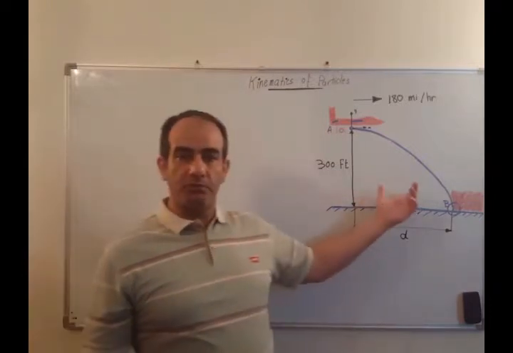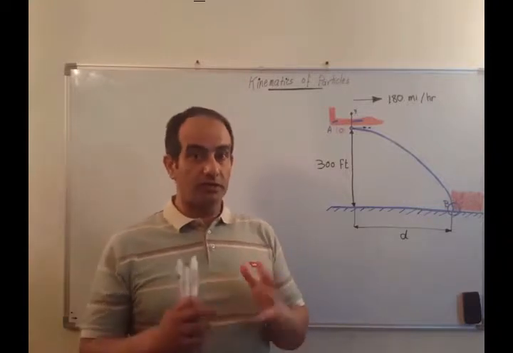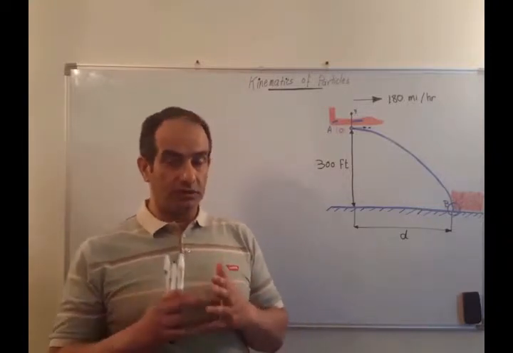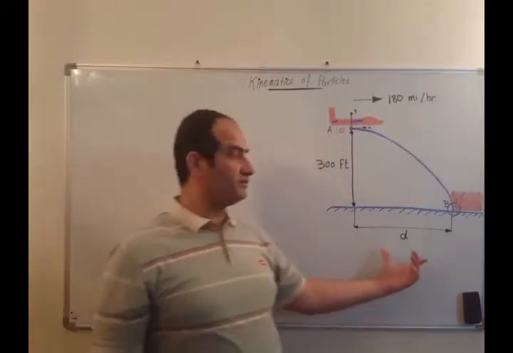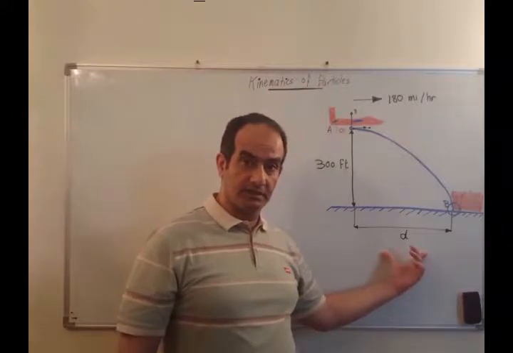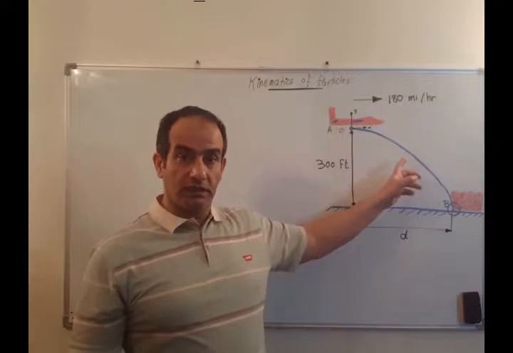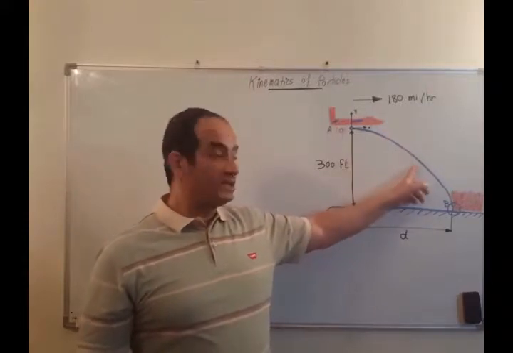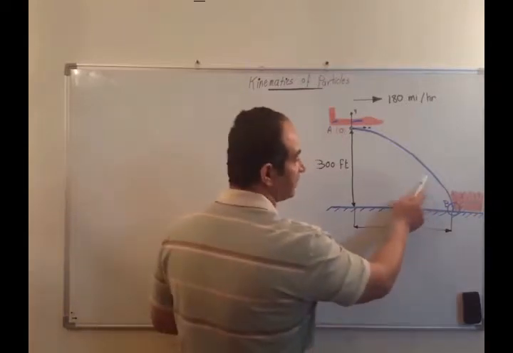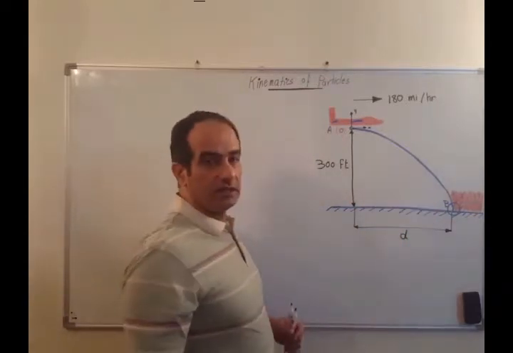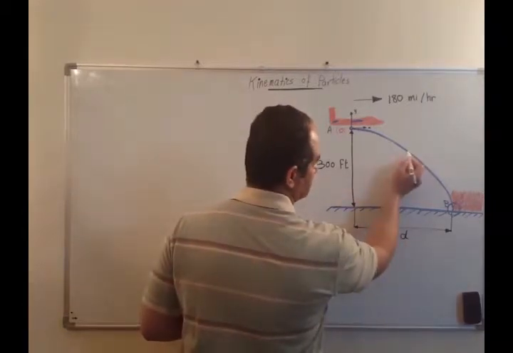That means this plane motion will have two components, two velocity components, two displacement components. We have a vertical displacement and we have a horizontal displacement. The same, we have a vertical velocity at any time t and a horizontal velocity at any time t.